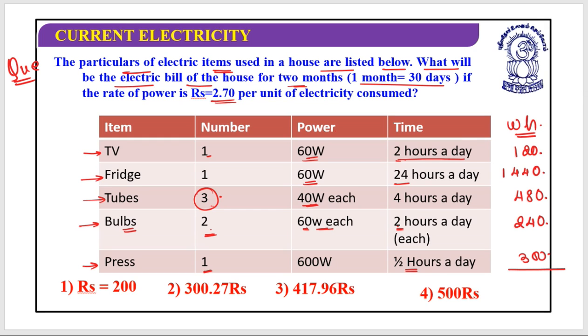If I add these: 0, 2 plus 4 is 6, 6 plus 8 is 14, 14 plus 4 is 18, carry over 1, 1 plus 1 is 2, 2 plus 4 is 6, 6 plus 4 is 10, 10 plus 2 is 12, 12 plus 3 is 15, carry over 1, 1 plus 1 is 2. This is 2580.